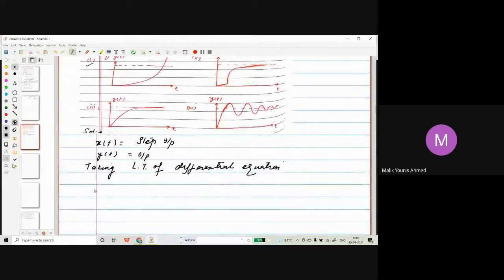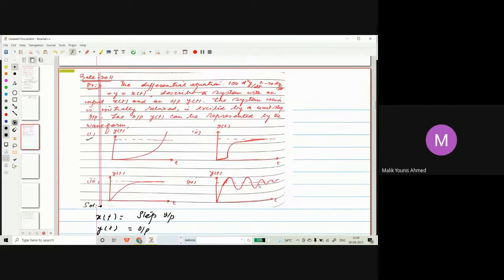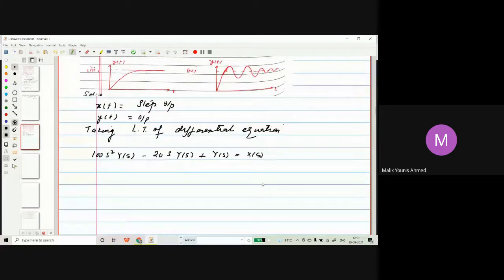So s square, then this will come as y of s minus 20, and d by dt will be s y of s, and then it will be plus. That is, y of t means y of s is x of s. I think this is the one.